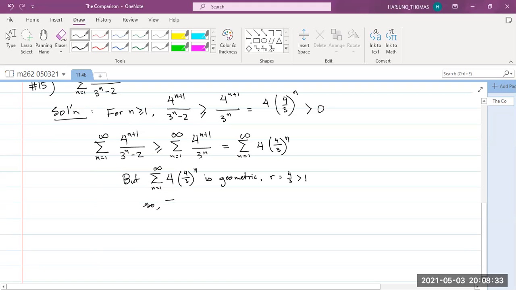So this guy is divergent, right? Now, then you go back. This divergent positive series bounds the series we are observing below by the comparison test.